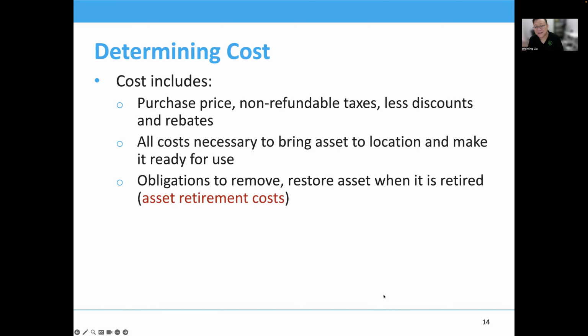Non-refundable taxes: that's the portion of the tax you paid to the government that you cannot get back, so that's your cost. And sometimes you may get a discount or rebate. That's money you received, so those should be considered a reduction in the cost. So it's purchase price plus non-refundable taxes, less any discounts or rebates.